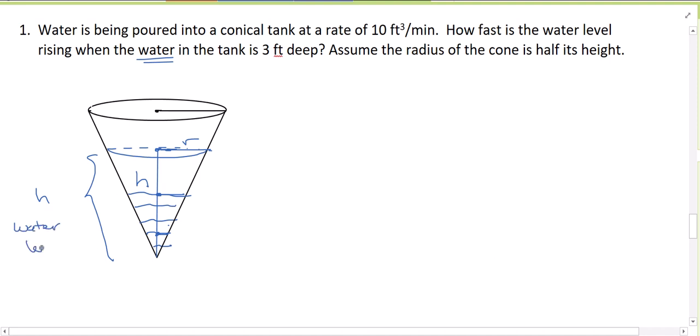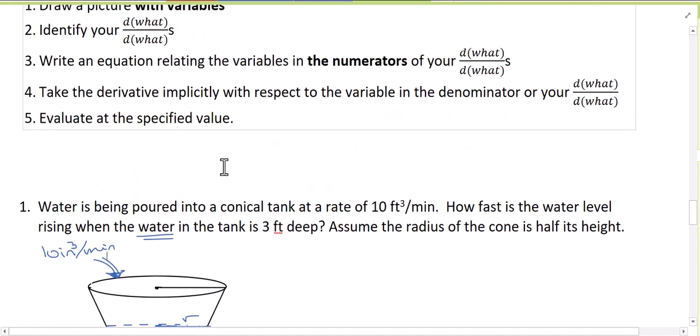The water level is rising as time passes, and your radius is changing. And we know water is being poured into the tank at a rate of 10 cubed per minute. So that is a volume. But anyway, we have our picture with variables. The variables are the things that are changing. So that will be step 1.